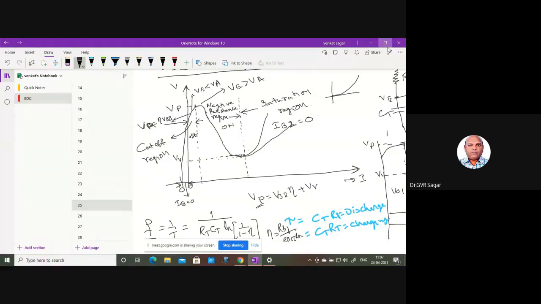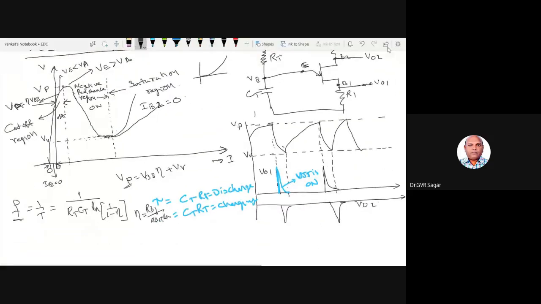Because of this negative resistance region, this can be used to develop a non-sinusoidal oscillator called a relaxation oscillator. In the relaxation oscillator, we can generate triangular or sawtooth-type waveforms. Up to the peak value, the capacitor is charging.